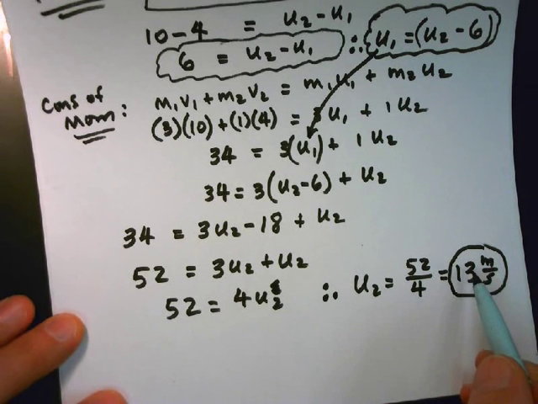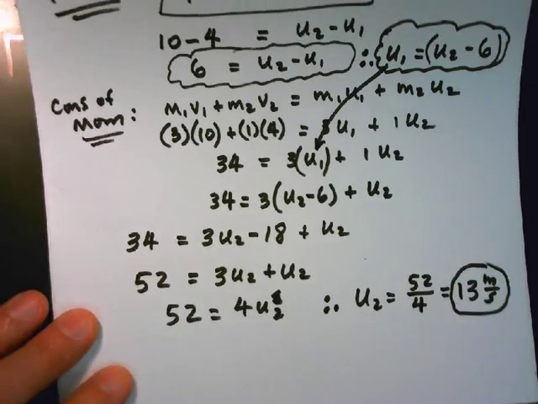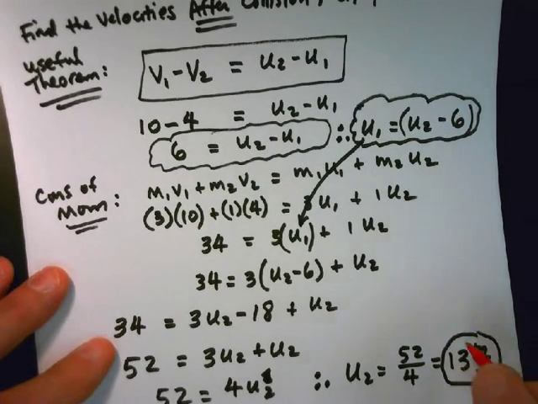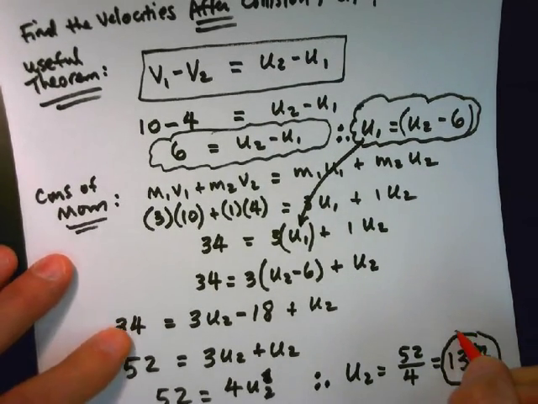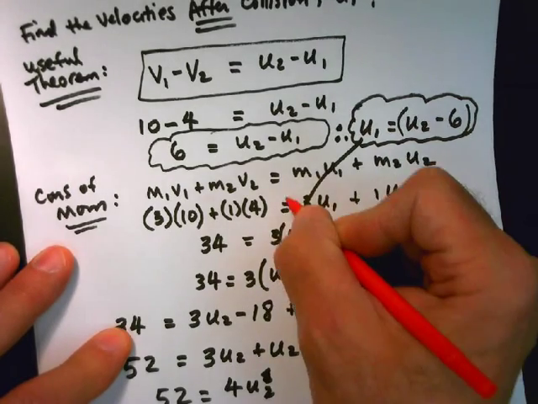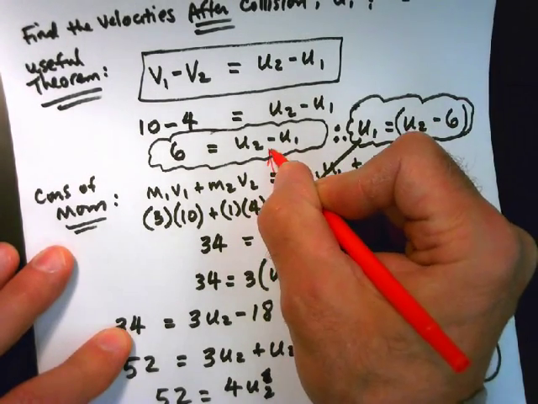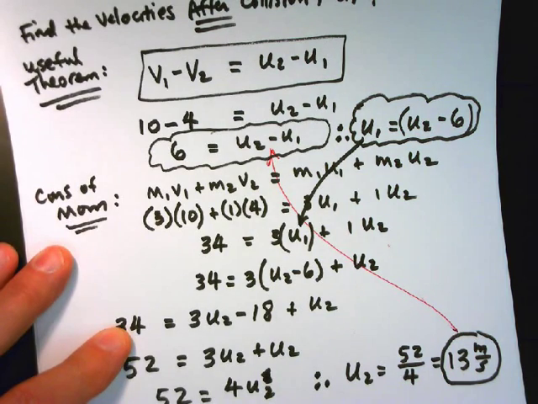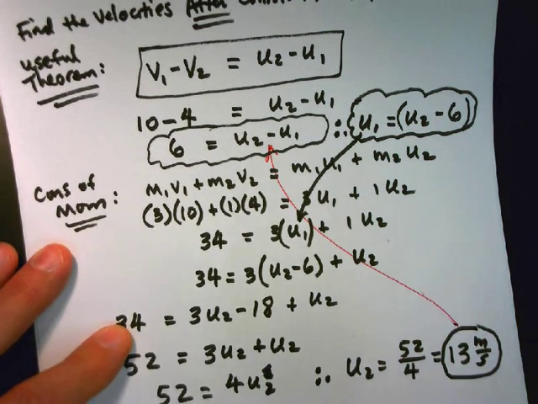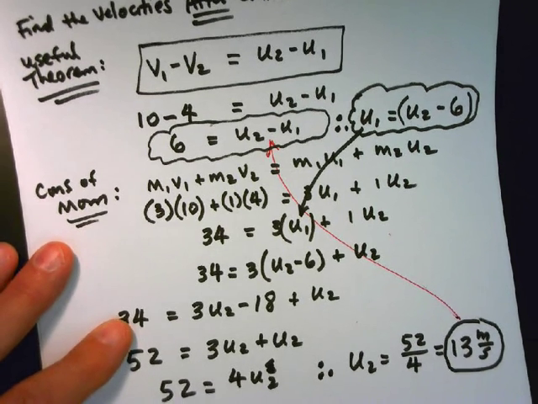Now if we take that value for u2 and substitute it back into our original little theorem equation, we substitute 13 for u2 and get 6 equals 13 minus u1.